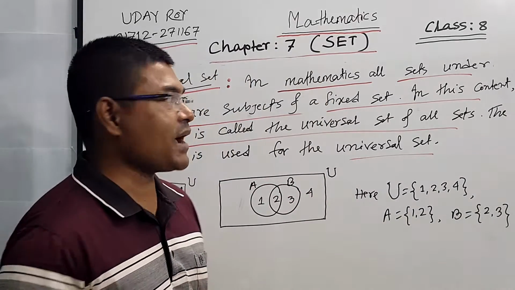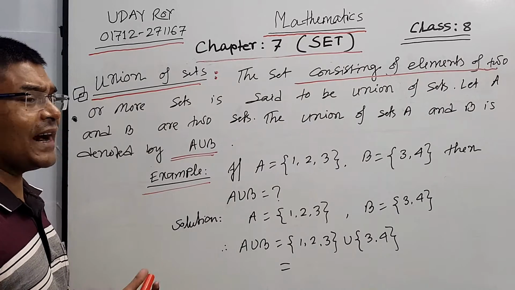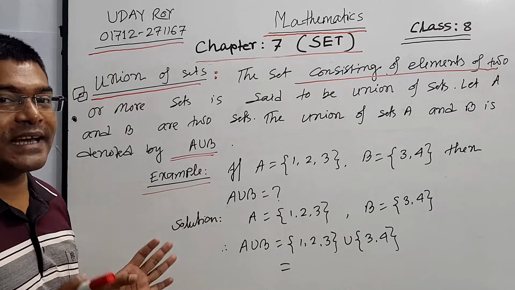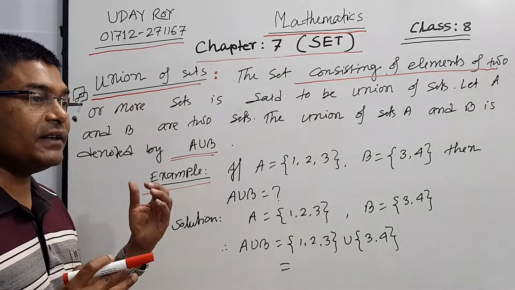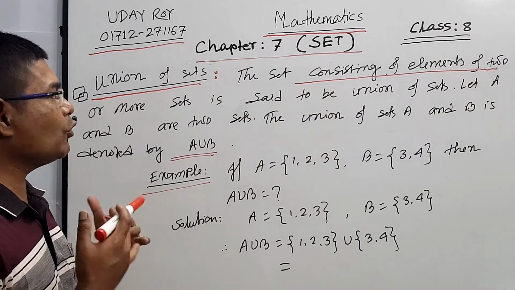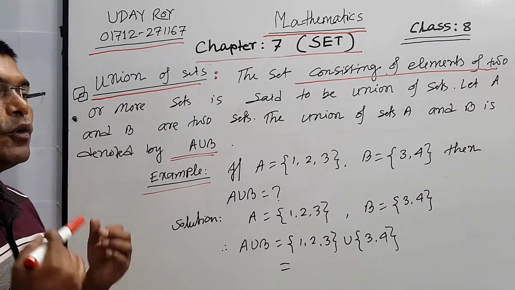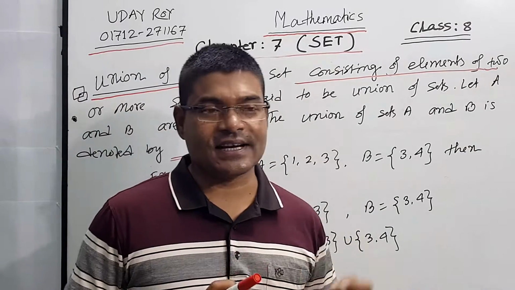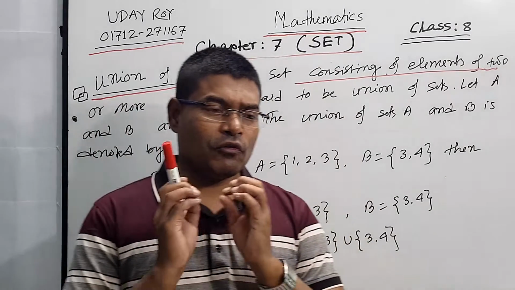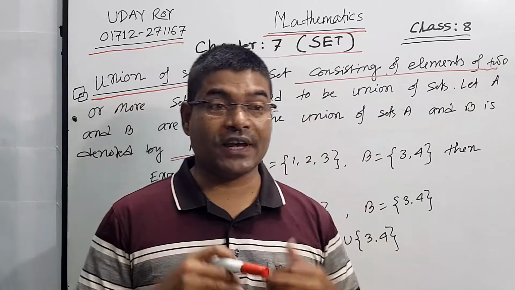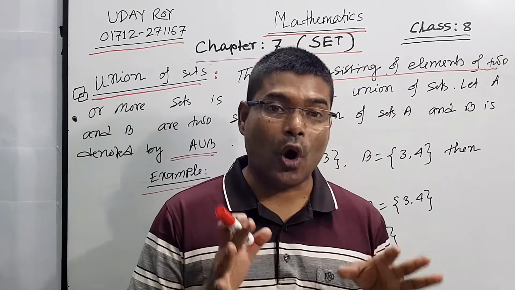Okay, let's come back to the board. Now we will learn union of sets. Already we have learned universal sets. Now we will learn union of sets. That means for the function of union of sets, common and uncommon, all.